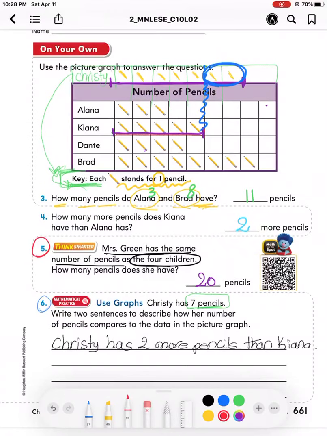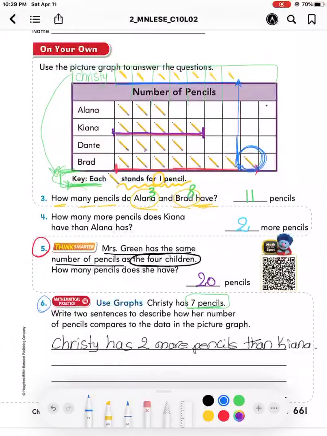Okay, and here is for Brad. If I want to compare Christy to Brad, for example, they are similar till this part here, right? So we have here 1 more pencil extra.